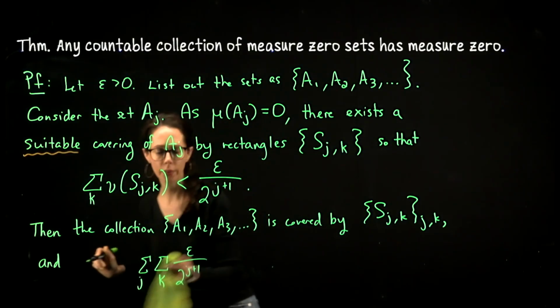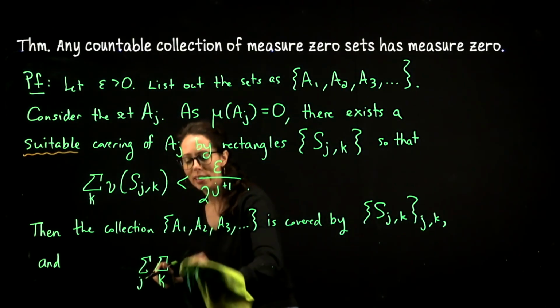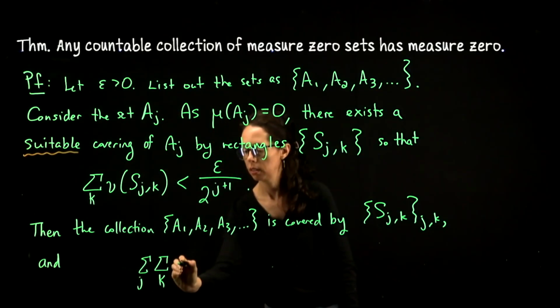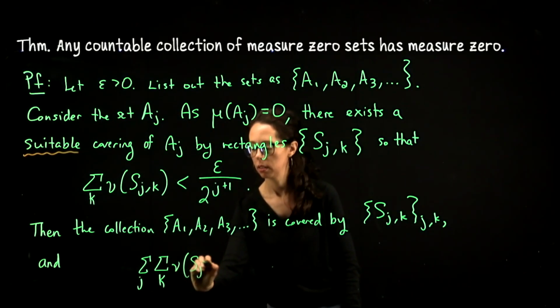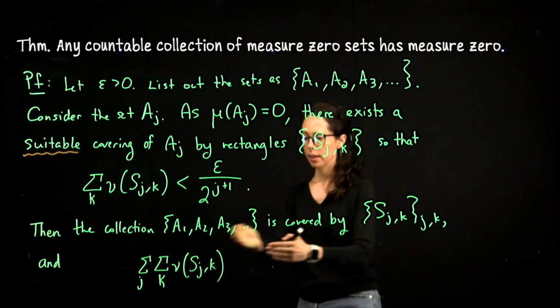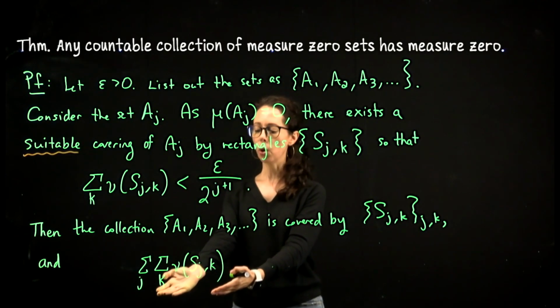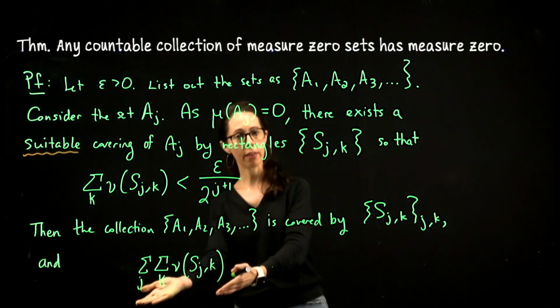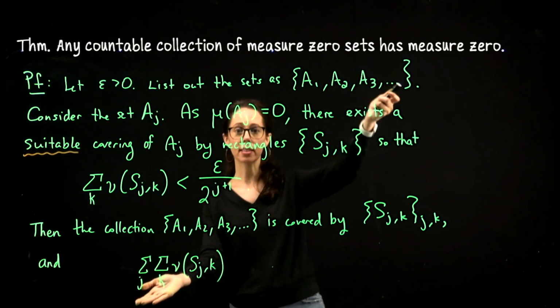No, sorry, I wrote that wrong. What I need to first put in is just the volume. This. Okay, let's pause here. This is the total volume of all of the rectangles covering A sub j, and then do that for all of the sets in this collection.